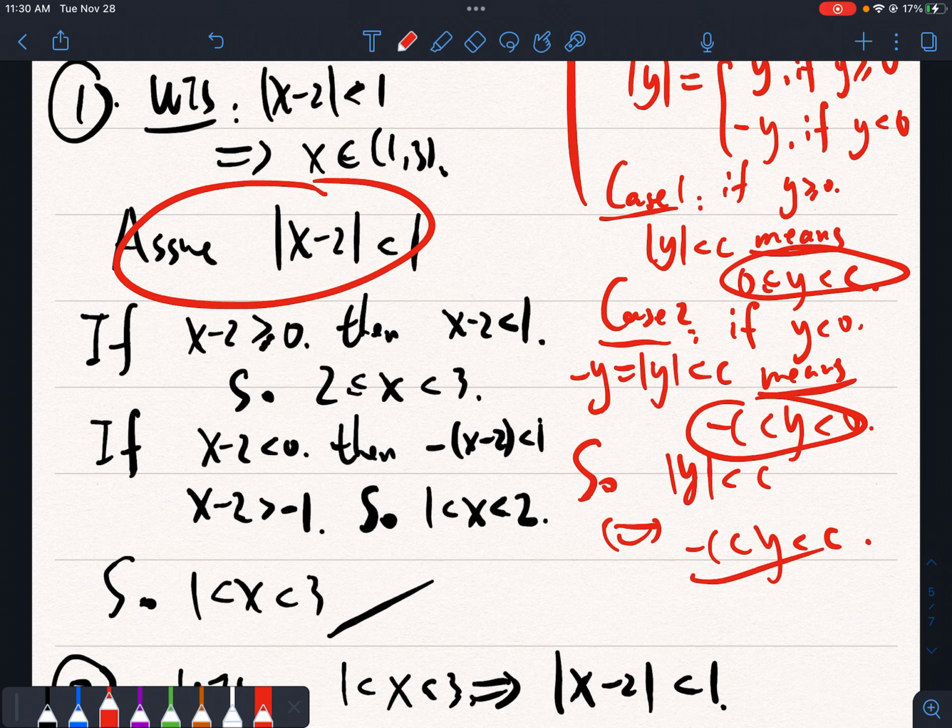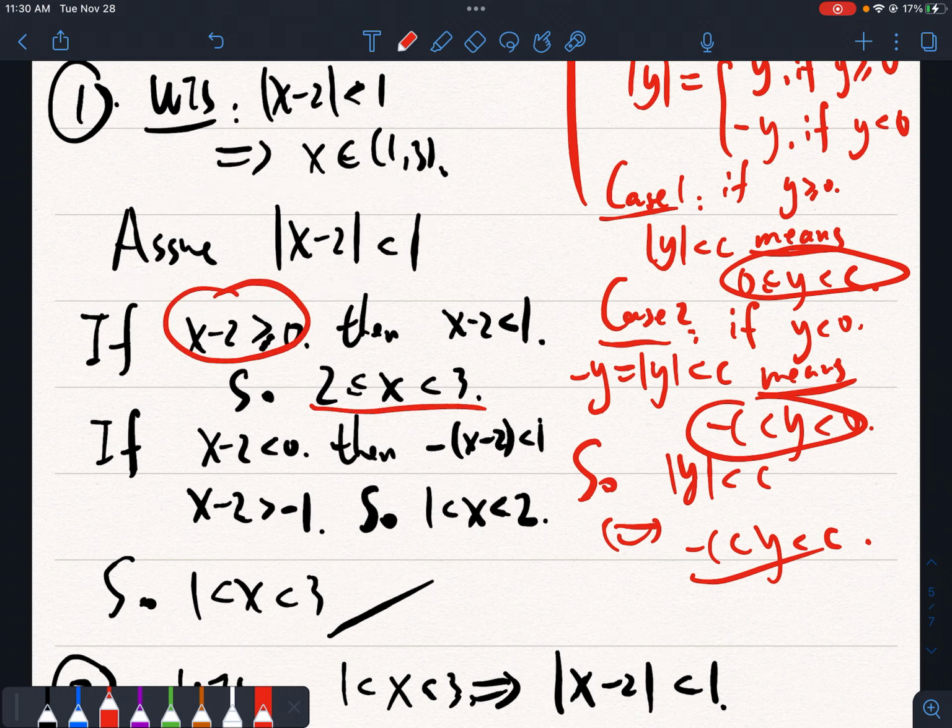And we want to show x is from 1 to 3. So what we can do is, we cannot do it directly, right? We have to separate into two cases. So usually we just separate into the case when it's non-negative and when it's less than 0, which means when it's negative. So if this is non-negative, you see this is true, right?